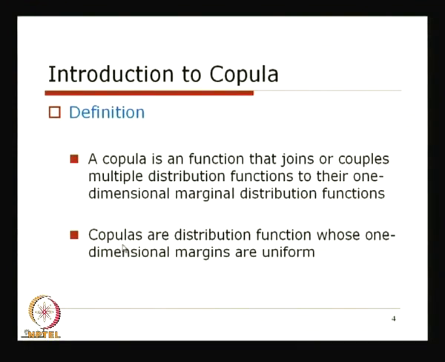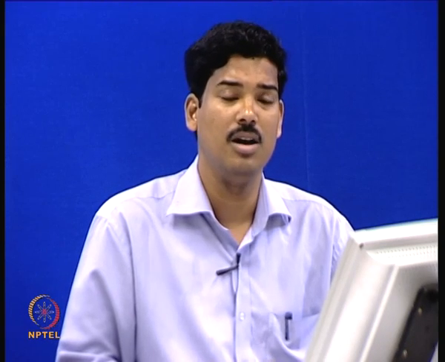The second point is that copulas are distribution functions whose one dimensional margins, meaning the marginal distributions, are uniform. When we take some random variable and we know its CDF, the CDF has a range from 0 to 1.